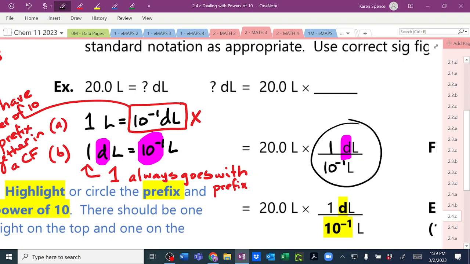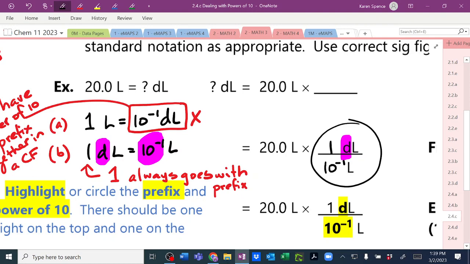There's a deciliter. Is it true that a tenth of a deciliter is equal to 1 liter? No, because we have a tenth of a liter is equal to a deciliter.